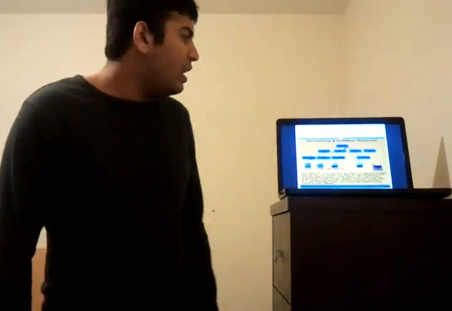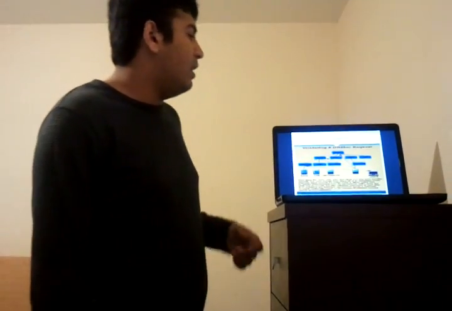transfers. Here's a tree diagram. There's a root.